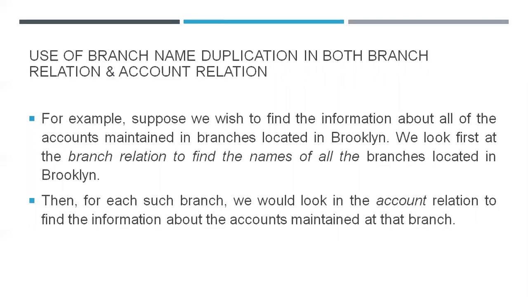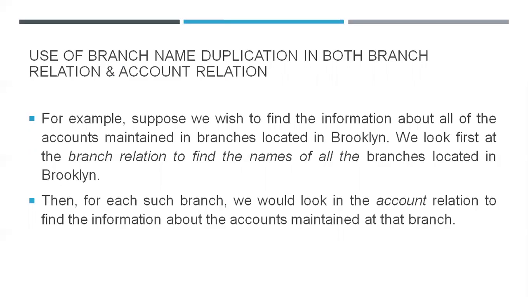So what are the steps? The first step is that we have to check the branch relation to find the names of all the branches which are located in Brooklyn. Once we find the names of all the branches, the accounts maintained at all these branches will be found in the account relation. So there is a relation between the account schema as well as the branch schema. Because of which, to have the relation between the branch relation and the account relation, we must have one attribute in common.